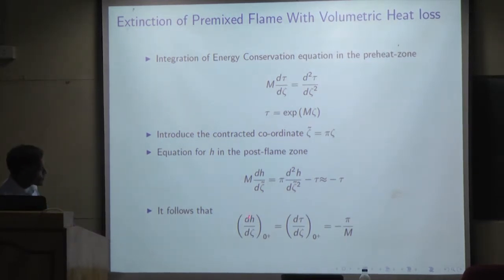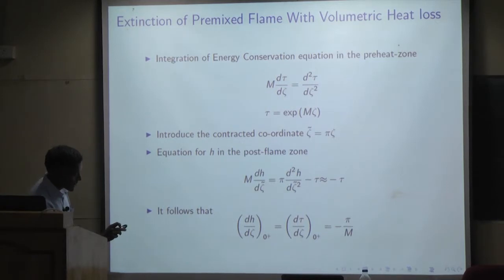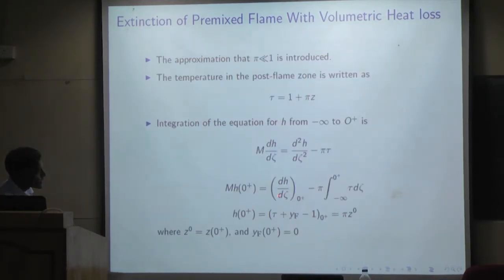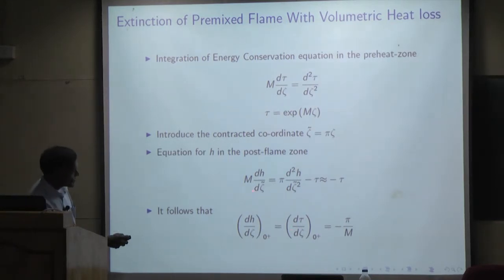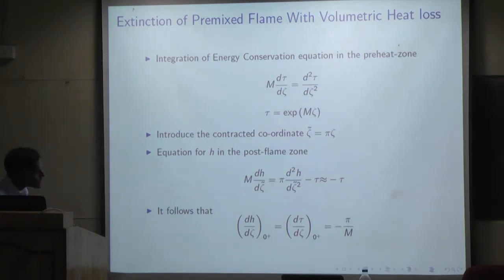So this allows me to evaluate what I need to substitute in this equation. You can see that from here, dh d tau at 0 plus is simply d tau d zeta at 0 plus, and therefore that's minus pi divided by m.